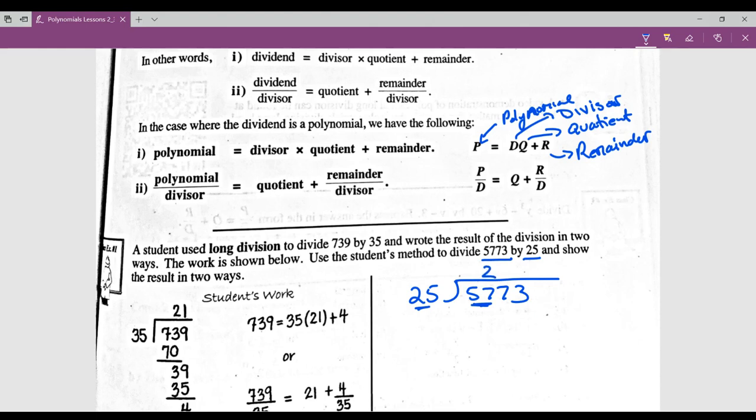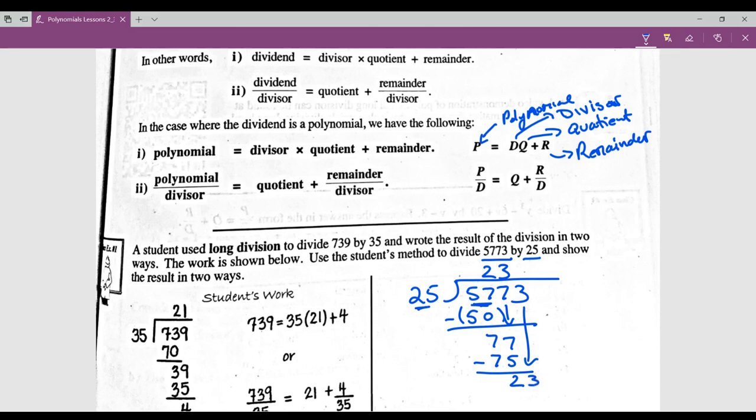Twice. Put 2 up there. 2 times 25 is 50. And we subtract. 57 minus 50 is 7. You bring down the other 7. How many times does 25 go into 77? 3. So 75. Again, we subtract them. We get 2. Bring down that 3.